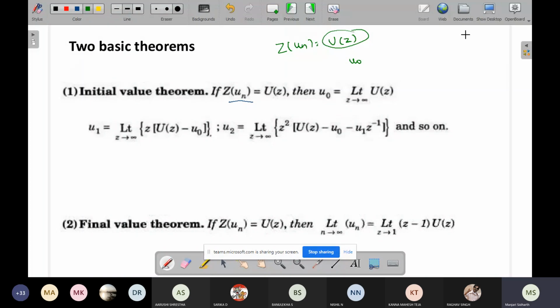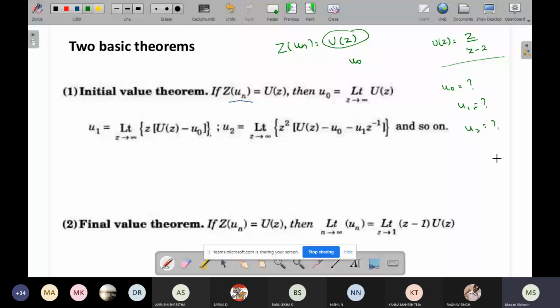Like I'm saying that only this is given, z over z minus 2, and the question is find u_0, u_1 and u_2. Even u_3 you can also find. So U(z) is given and we do not have the elements of this sequence, u_0, u_1 and u_2. So how to find u_0?